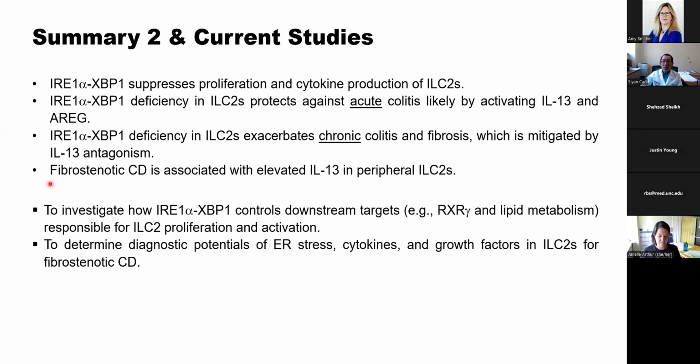And we have some preliminary data to show that fibrostenotic Crohn's disease is associated with elevated IL-13 in peripheral ILC2s. The current study is trying to reveal the underlying mechanism of the phenotype in these animal models, and to determine the diagnostic potential of ILC2 related pathways in fibrostenotic Crohn's disease in patients.